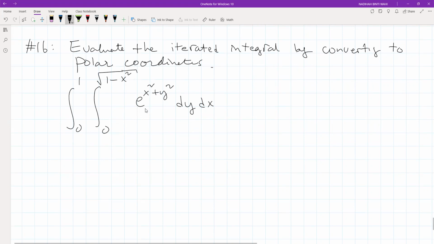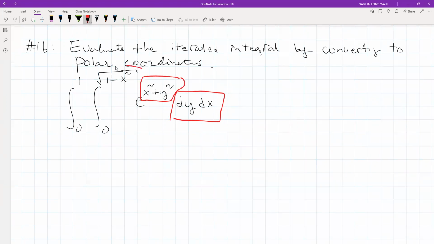Which part do I need to change? Anything that includes y and x. So in this case, I have dA, the exponential function, and I also have the upper bound for the radius.